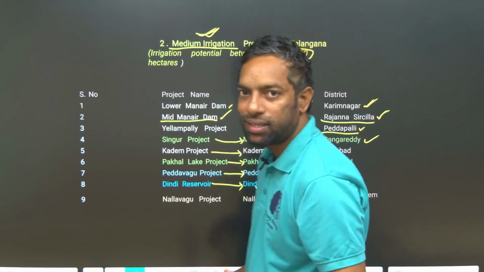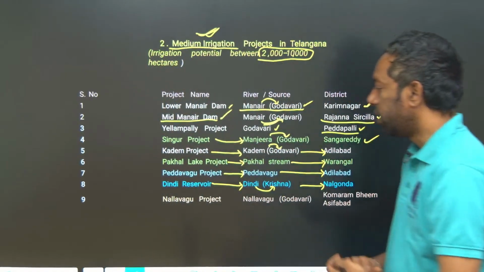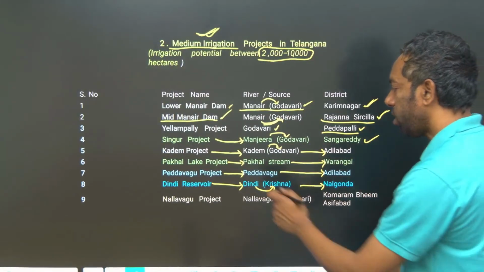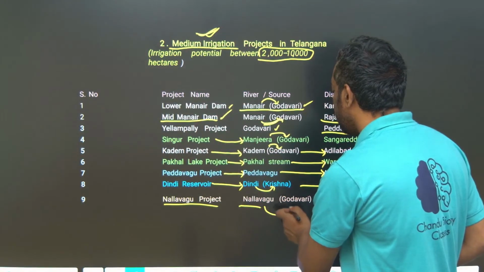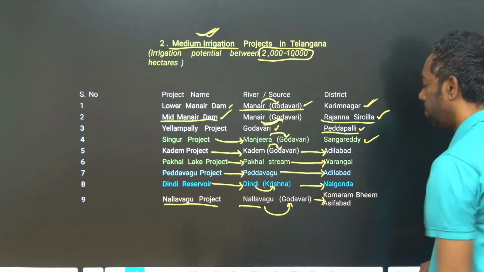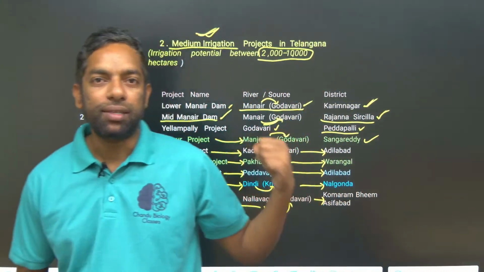Only Dindi is in Nalgonda, on the Krishna. Then Nallavagu project, Nallavagu is a tributary of the Godavari, in Komaram Bheem Asifabad. These are the medium size projects.